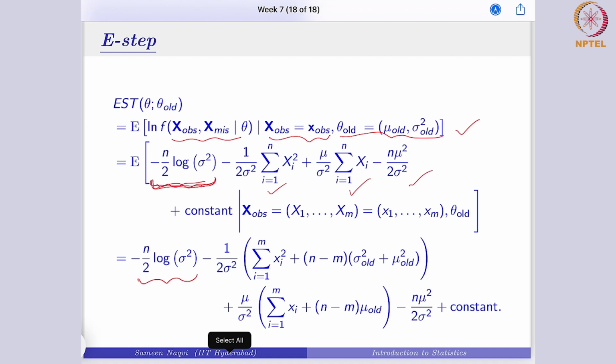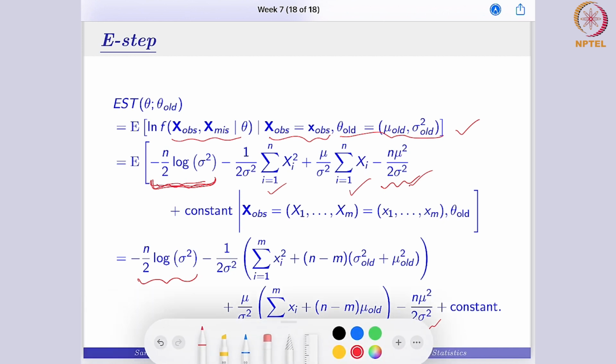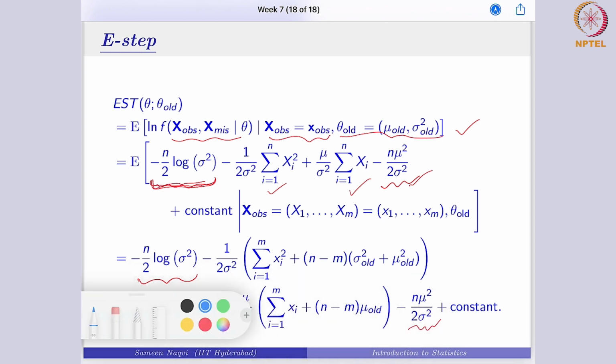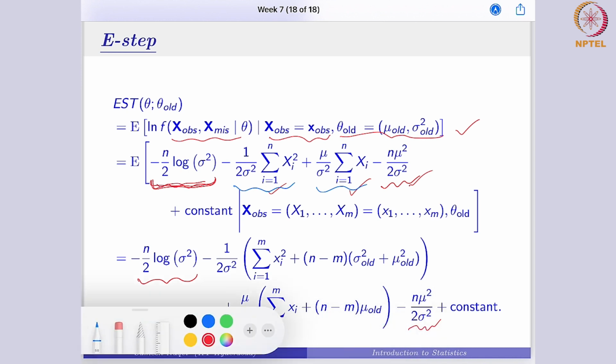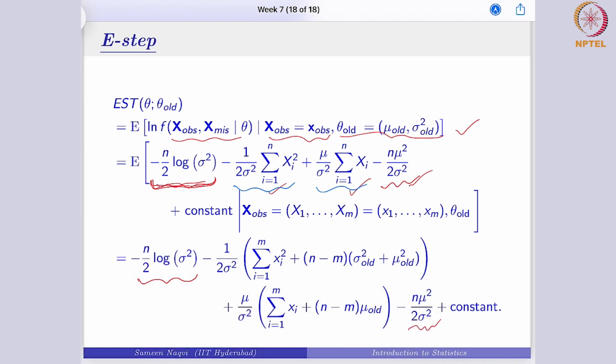And if I consider the last term, I would also have the same term coming here, minus n mu square over 2 sigma square. So what we are left with is solving these two terms. So let us see how we do that.